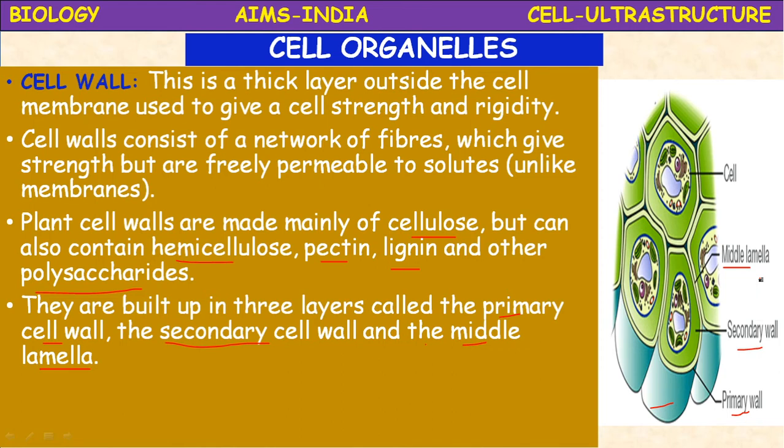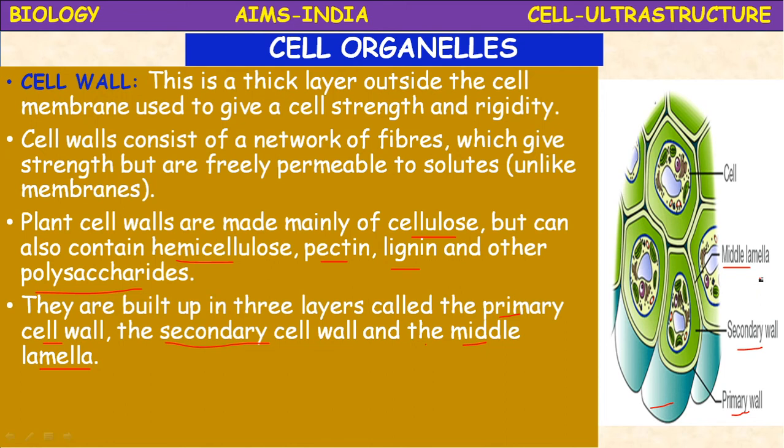That's the reason why a plant cell placed in water remains the same, no change occurs. But an animal cell placed in water, because of the absence of a cell wall, bulges, absorbs water, and finally bursts. Because the cell wall is absent in the animal cell.